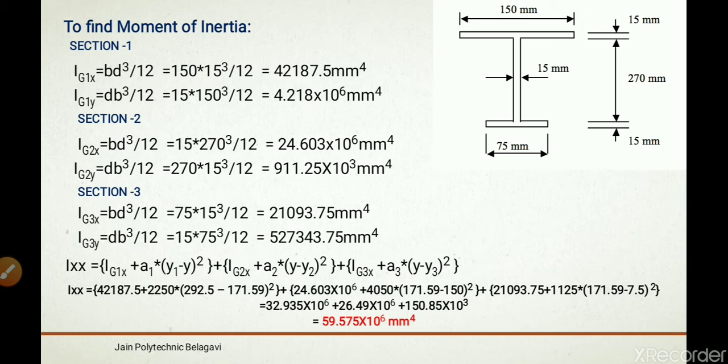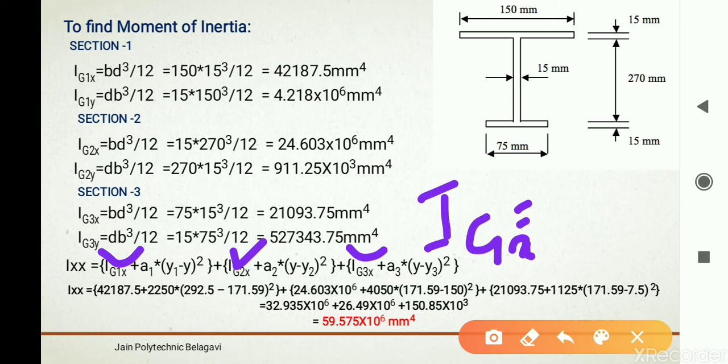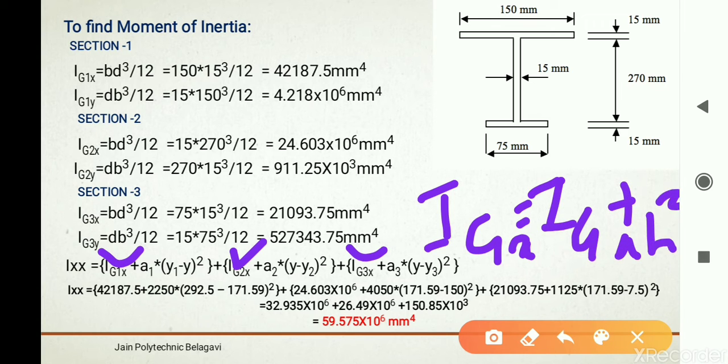Those values you have to put here. Here it is Ig1x, here it is Ig2x, here it is Ig3x. So Igx is given by Ig plus AH square, right?